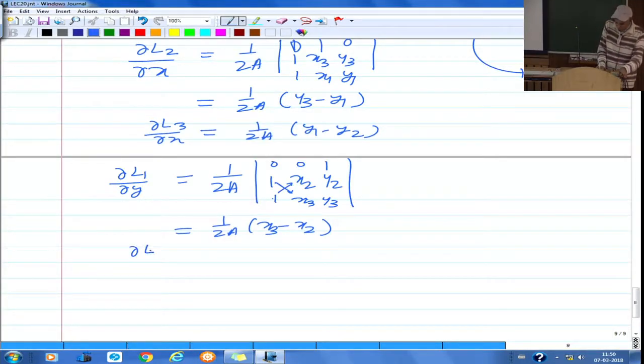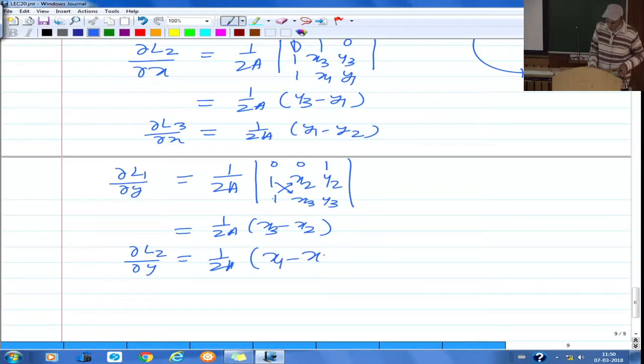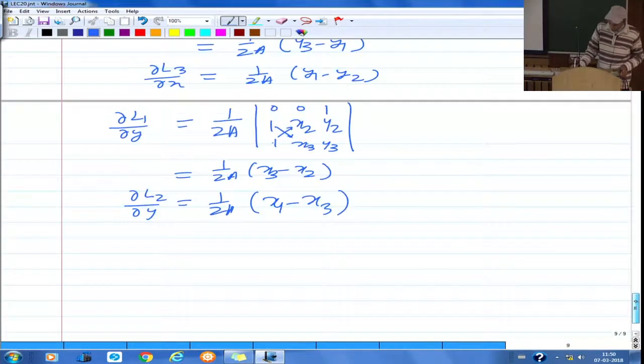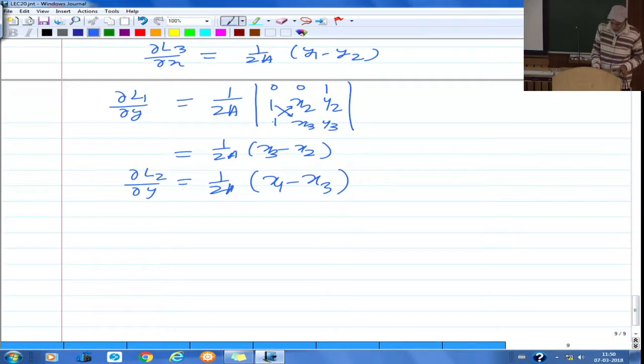Similarly, you can see that in a cyclic order this would be 1 upon 2a into x1 minus x3. So 3 is replaced by 1 and 2 is replaced by 3, and you can check with the determinant, this is your a. And del L3 by del y would be 1 upon 2a, x2 minus x1.